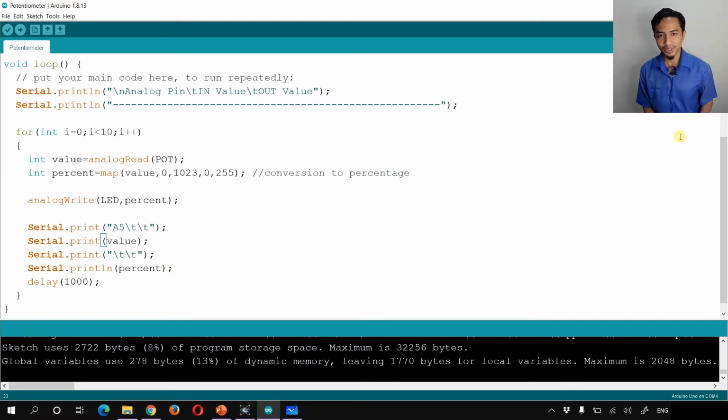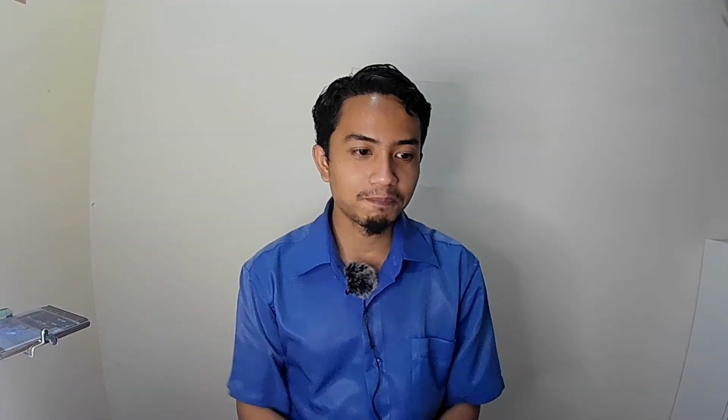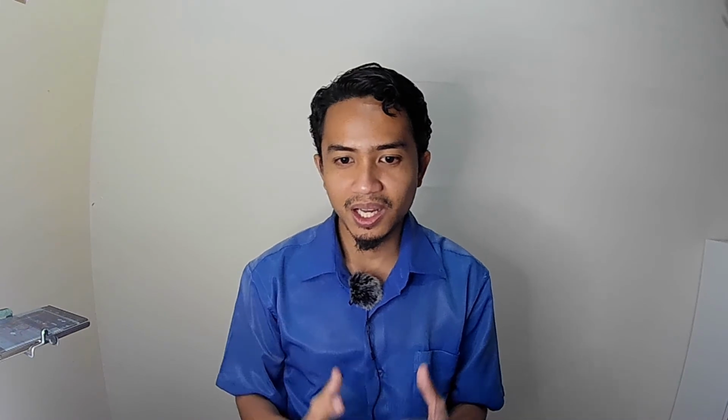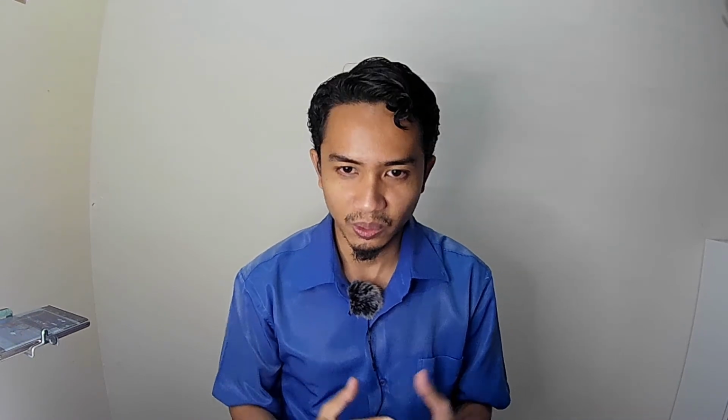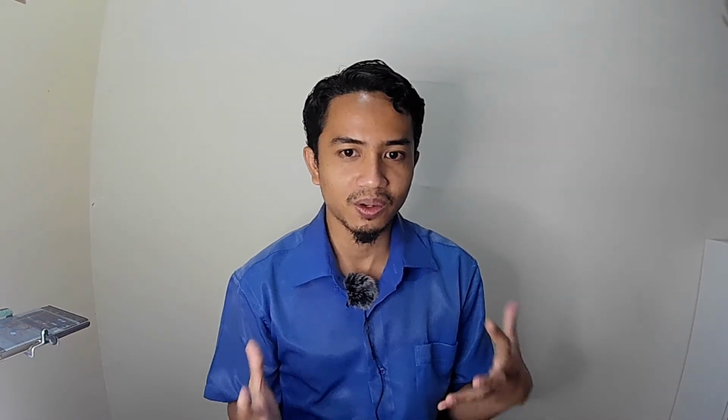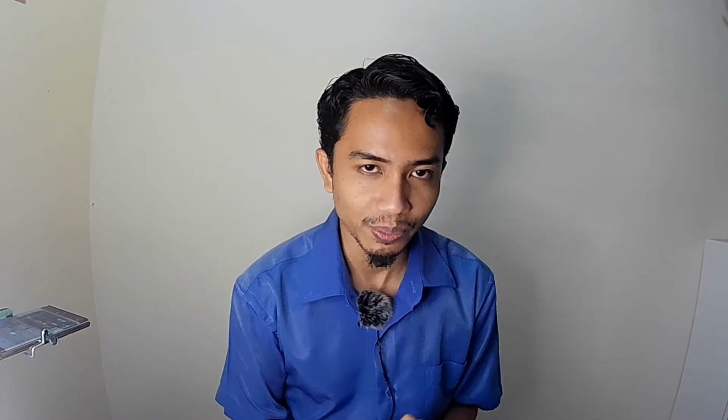That's it, as simple as that. The same thing applies to any other outputs that you want to use. So that is how we control the brightness of the LED by using a potentiometer.